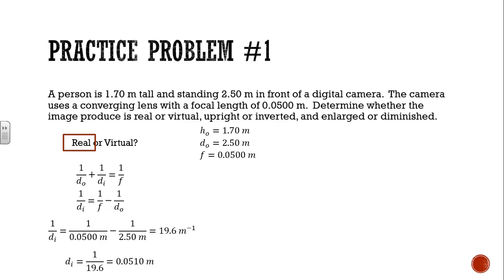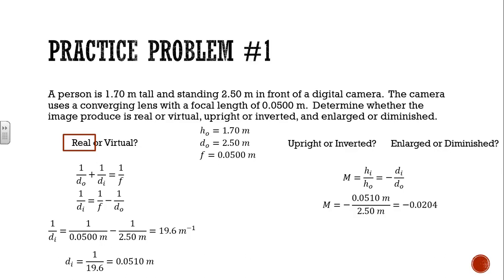If you think about this, with a digital camera, the object is outside of the camera. The image produced has to be inside of the camera, behind the lens, in order for that image to be collected by the camera. So upright or inverted, enlarged or diminished. For both of these we're going to use the magnification equation. HI over HO equals negative DI over DO.